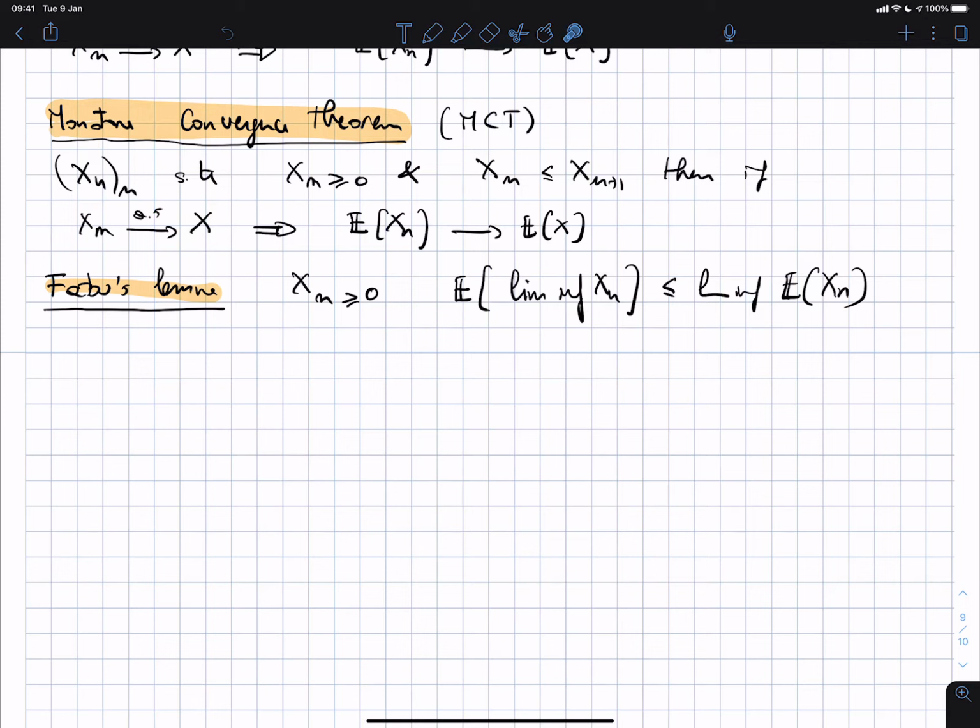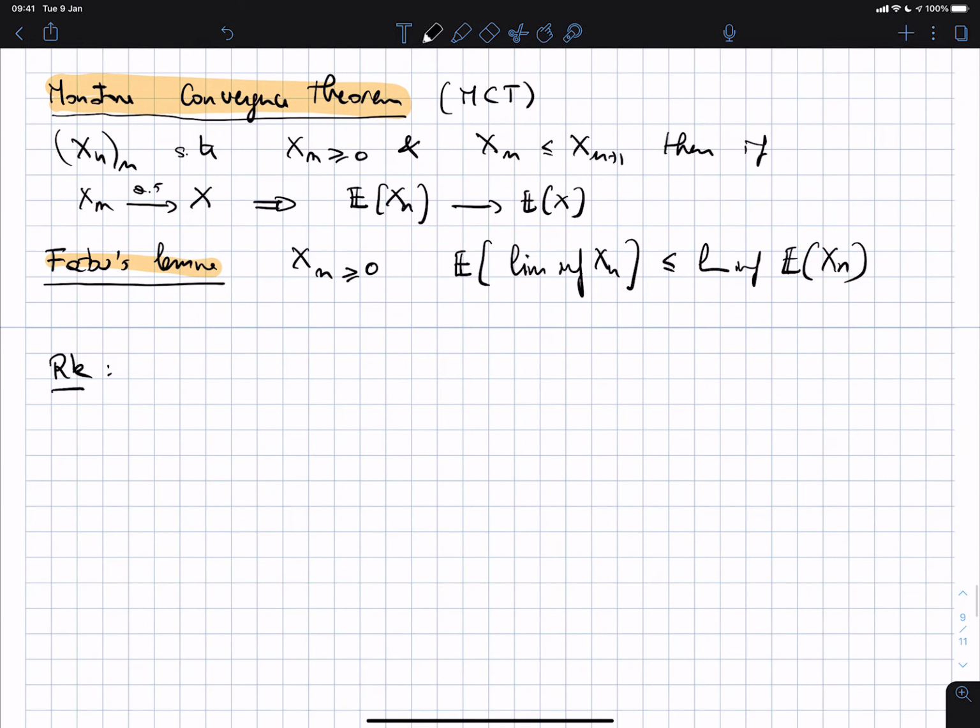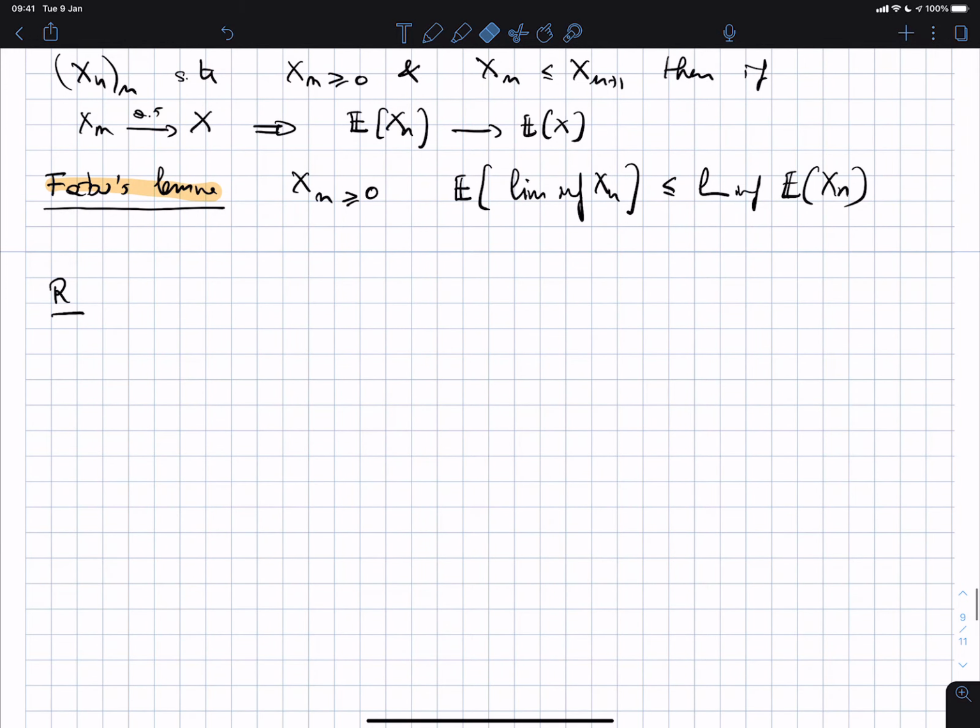Do you know what the limit inferior is, Clara? I was told it was like the smallest limit when you take all subsequences. Yes, you're perfectly right.